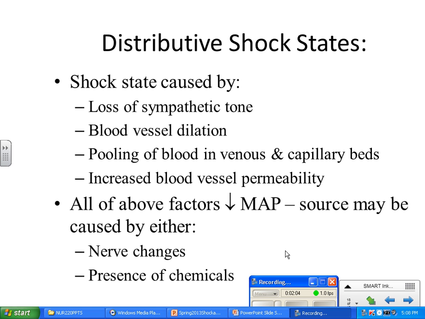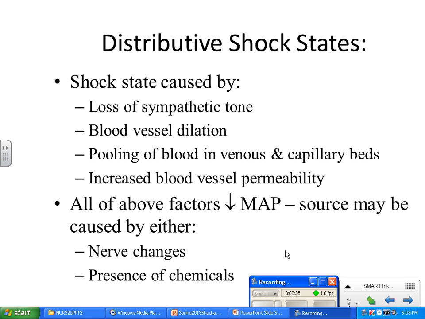What condition did we talk about in respiratory that, because of the presence of chemicals, was causing fluid to leak into the alveoli? ARDS. So one of the types of shock, septic shock, has the same pathophysiology as ARDS, a systemic inflammatory response that causes capillary permeability. But in this case, we're going to talk about all the systemic issues that can happen when that patient goes into SIRS, not just focusing on the respiratory.